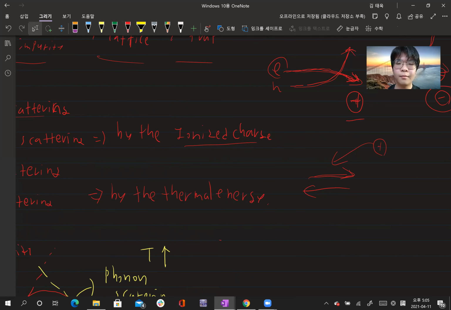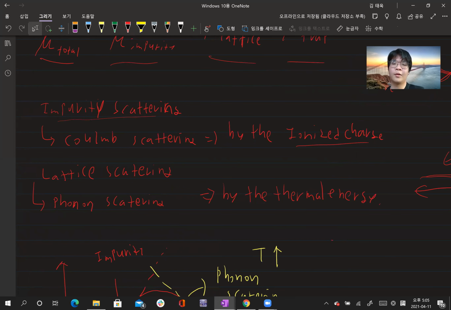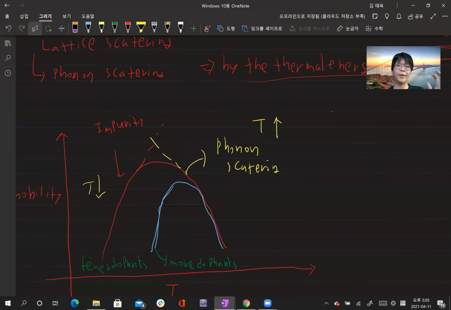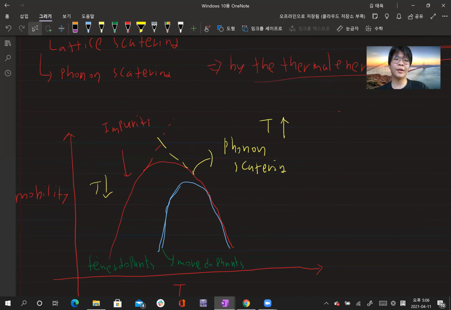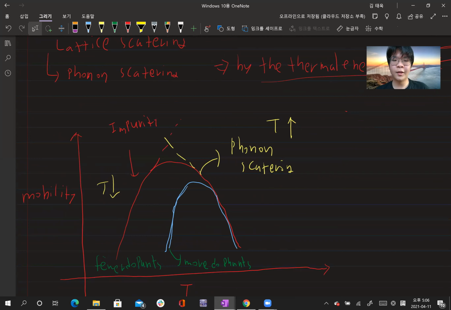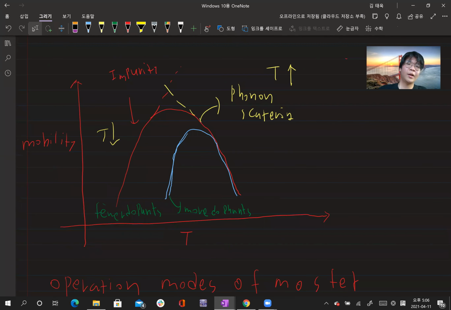So because of this thermal energy, the charge carriers can be scattered. If we sum up these difficulties in moving carriers, we can draw it like here.